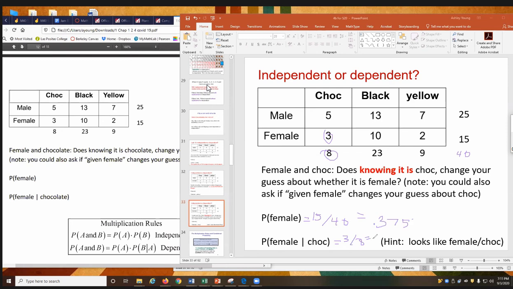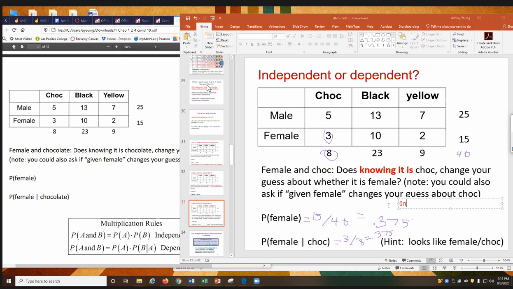So in this case, they are independent. I think I'm just going to type that. These guys are independent, because these ratios are the same. I could also grab the ratios, the 3, the 8, the 15, and the 40, right?